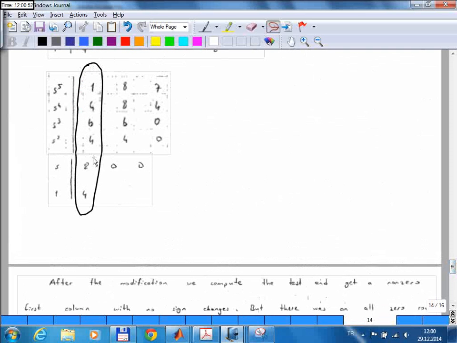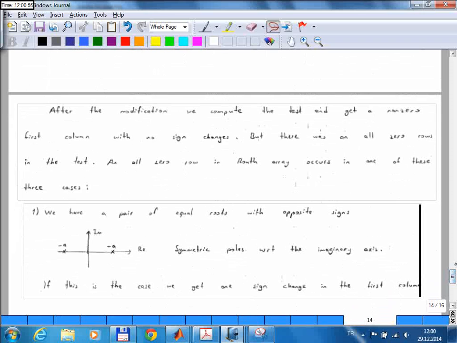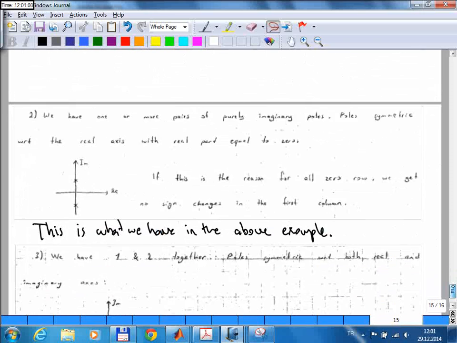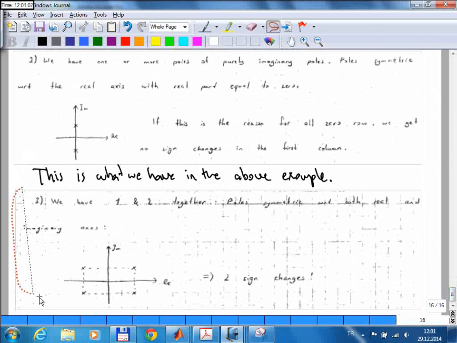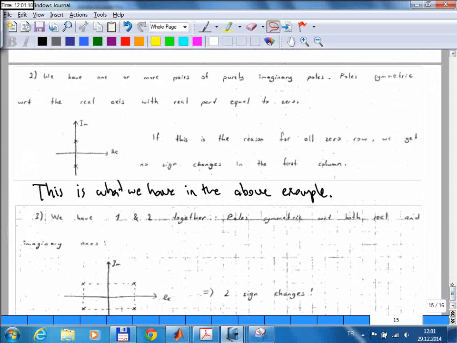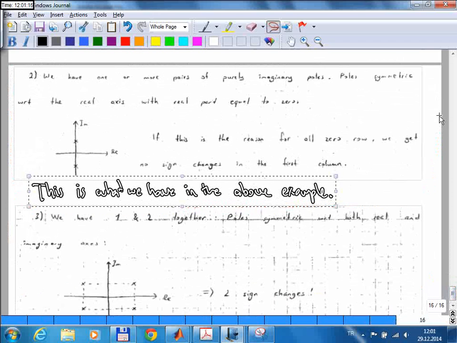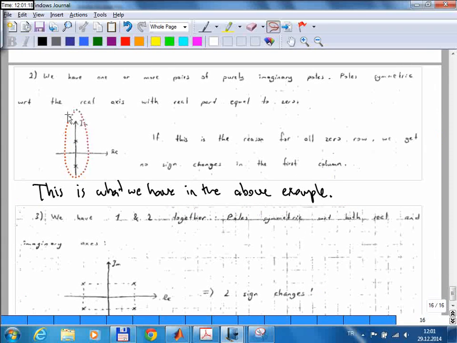If you see one sign change, then you can say that this is what I must have. If you have two sign changes, then the last case is your system should be satisfying this condition. And if you get no sign changes, which is what we had in this example, then the system should be satisfying this condition, which means there are two purely imaginary poles.